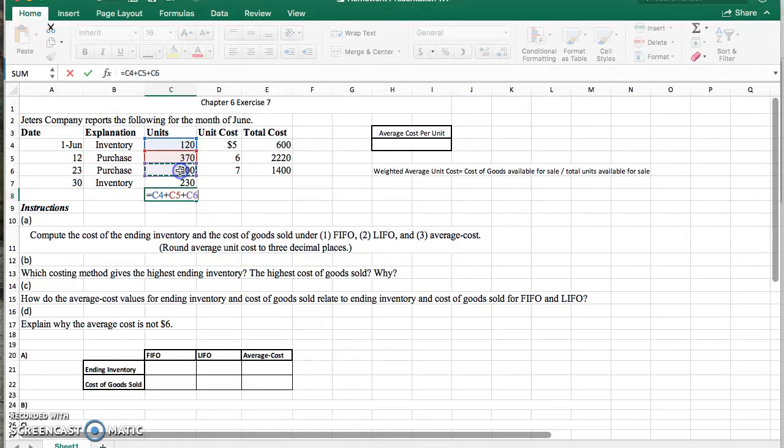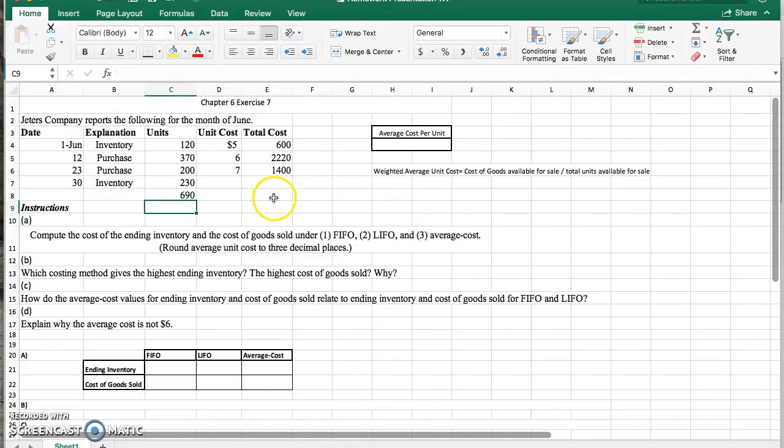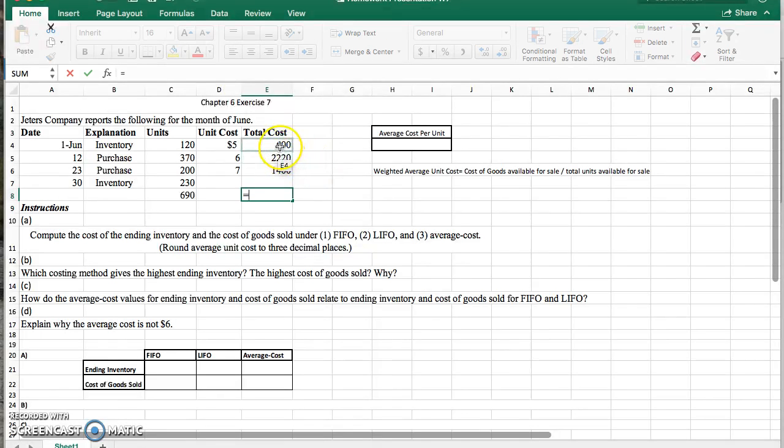Which gives us 690, and we're going to total up our cost, which is 600 plus 2,220 plus 1,400, which gives us 4,220.